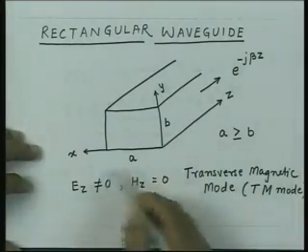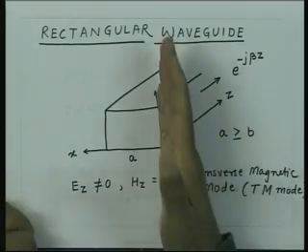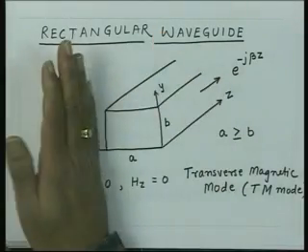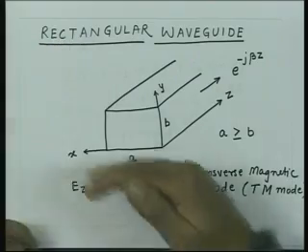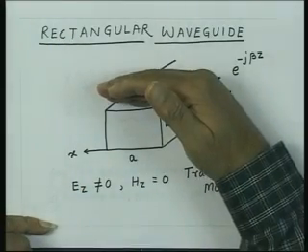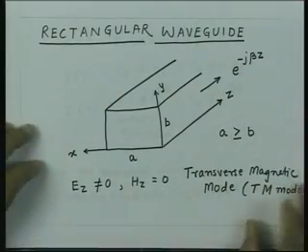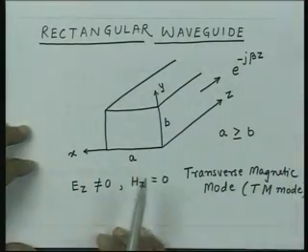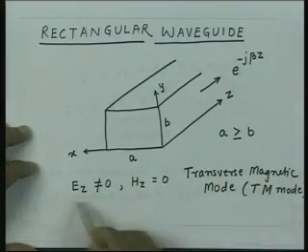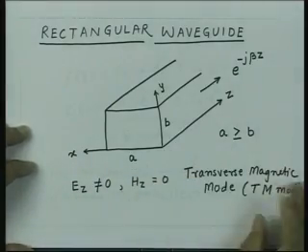we have four boundary conditions, one on this wall which is x equal to 0, one on this wall which is x equal to a, one on this wall which is y equal to 0, and one on this wall which is y equal to b. So, we have got four boundary conditions: on all these four walls, x equal to 0, x equal to a, y equal to 0, y equal to b, this component which is tangential should be 0.